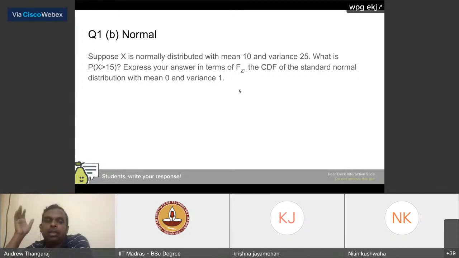So a couple of things will change. This is greater. So you should remember how the CDF works with the right hand side. X greater, so you should remember what you have to do. Then, of course, convert from x to the standard normal.